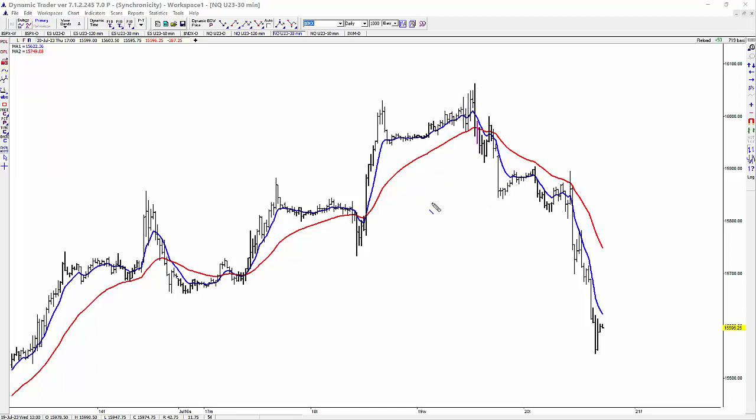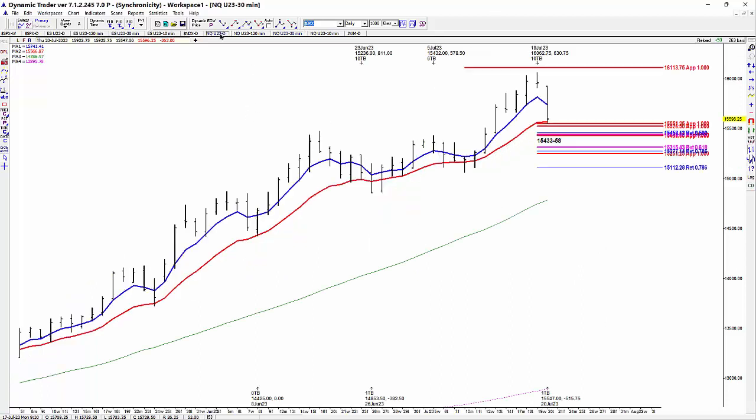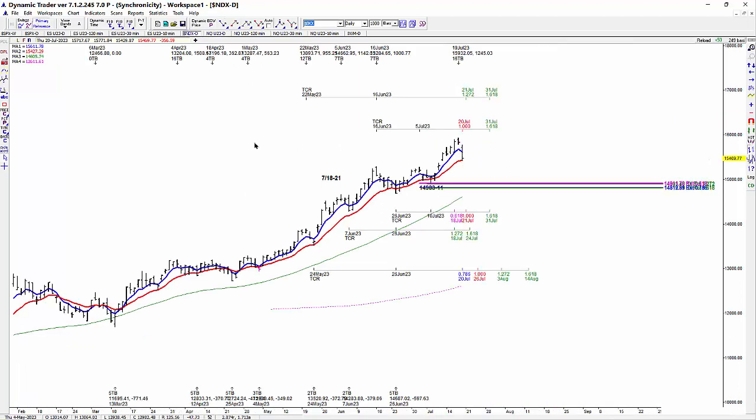Prior swing low. Maybe you had one here, and then you moved it up to underneath here. You'd be stopped out here. Because you're not going to see these swing lows on the daily chart, so you can't use the daily chart for it, because you won't see it.